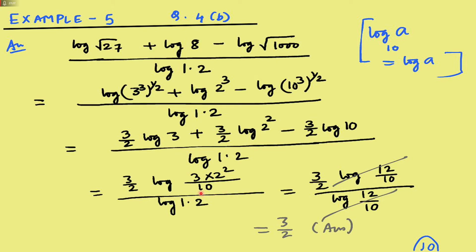So this will go down, this number 3 into 2 square by 10, and this is log 1.2, and this will give you 12 by 10 and this is also 12 by 10. So this will just cancel each other and you will have the value 3 by 2. So evaluating this expression you will have only 3 by 2.